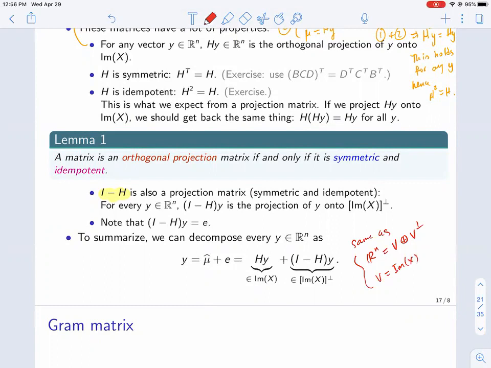That's the same idea that we discussed before. In any case, any vector can be written as a sum of two orthogonal pieces: one, a projection onto the image of x, the other a projection onto the image of x perp. So that complements the geometric idea. Okay, any questions?